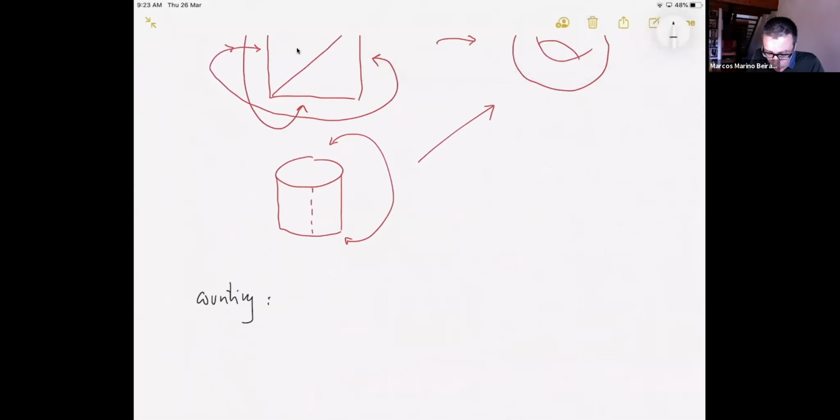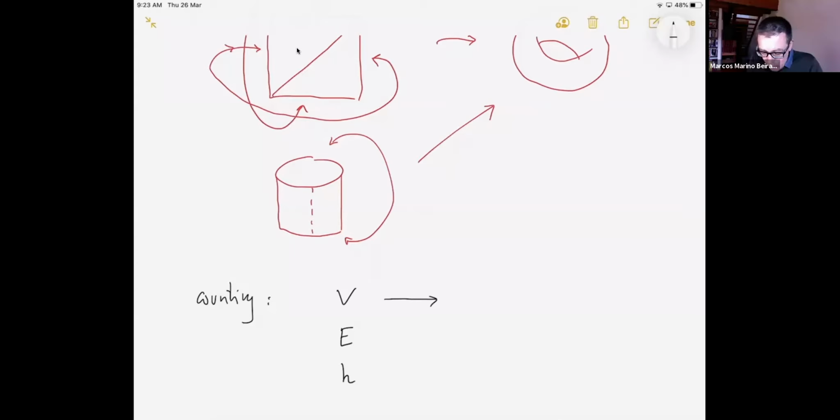Remember the counting of power that we were using before in the other model for Riemann surface. So now remember that a double diagram has vertices, edges, and number of closed loops. Now the number of vertices, it's interesting when you go to the dual diagram in terms of triangles, what happens.